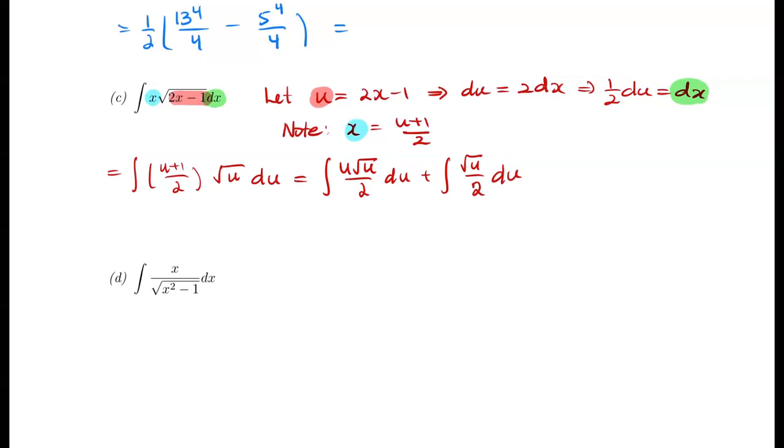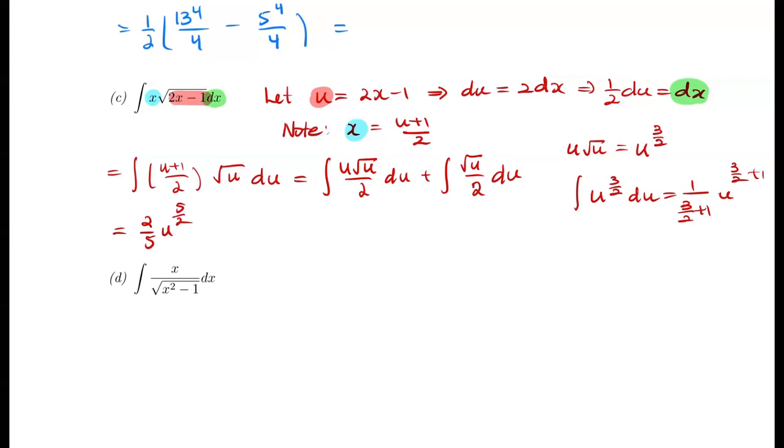This u root u is also the same as u to the power 3 over 2. If we take the integral of this du, it's going to be 1 divided by 3 over 2 plus 1, u to the power 3 over 2 plus 1, which ends up being 2 over 5 u to the power 5 over 2, right?